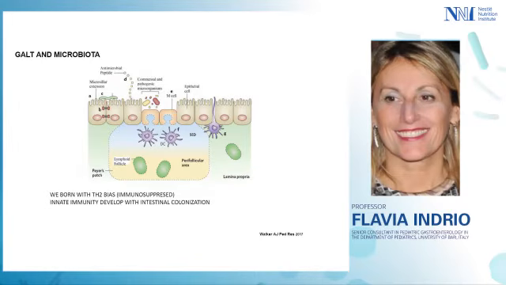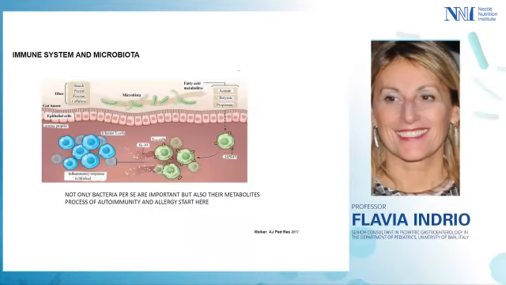In this biochemical reaction, not only do the adaptive and innate immune systems crosstalk, but this is also the moment where the education of oral tolerance happens. And this is due not only to the bacteria, but also to their metabolites.